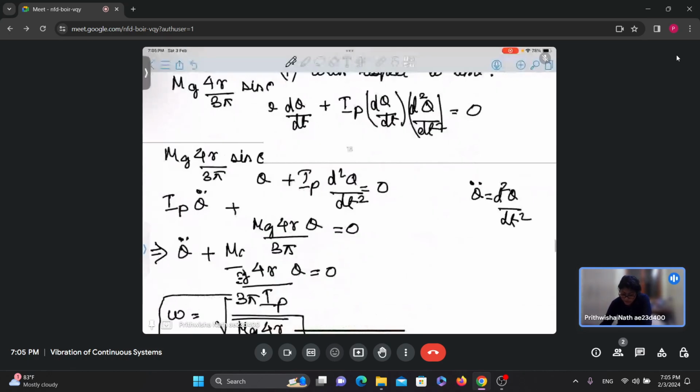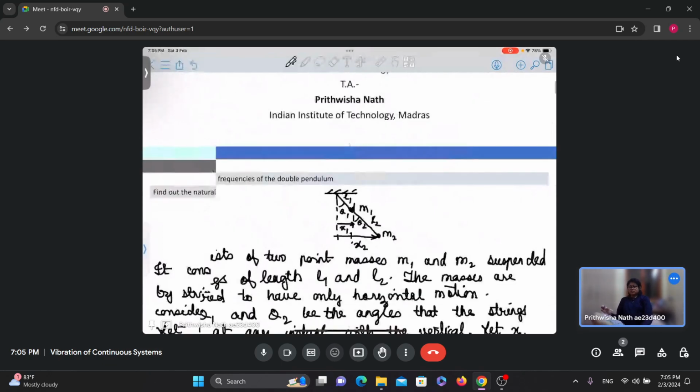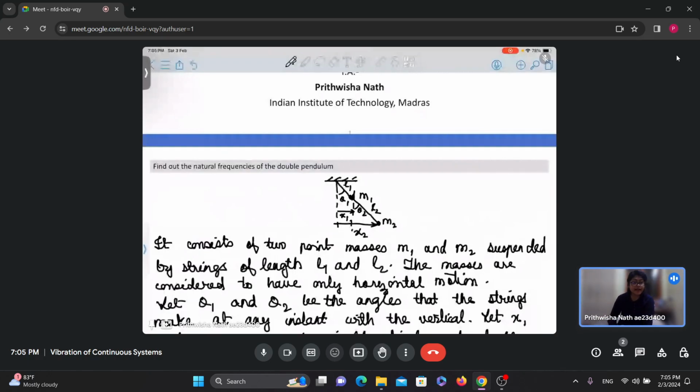So for the first sum, what did we do? A double pendulum was given, for which there were two masses, m1 and m2, each suspended by strings of length L1 and L2 respectively.